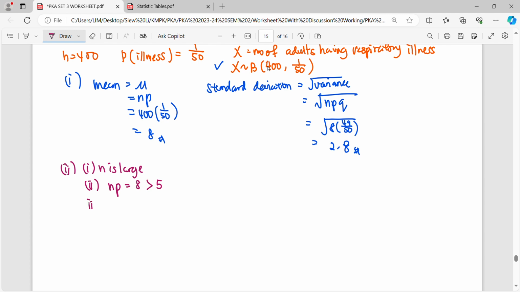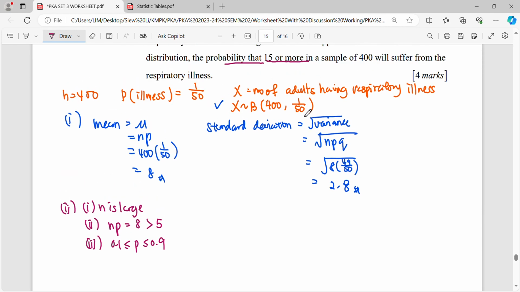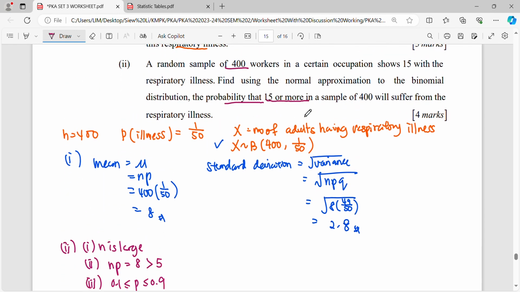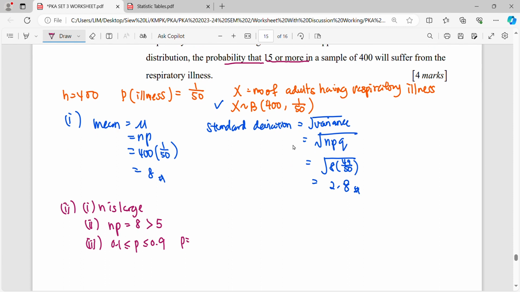Number 3, probability in between 0.1 and 0.9. Is this probability in between 0.1 and 0.9? 1 over 50, how much? 0.02. So for this question, it is not suitable to change to normal.